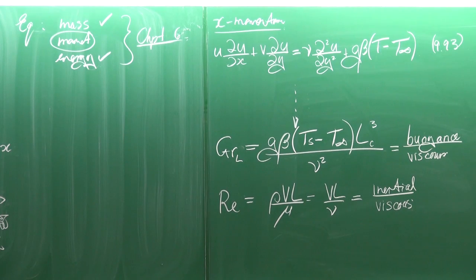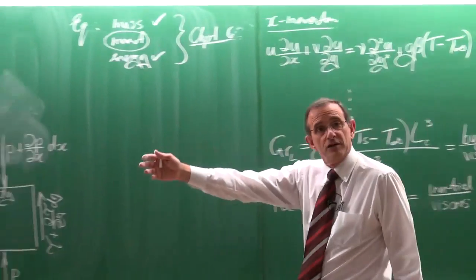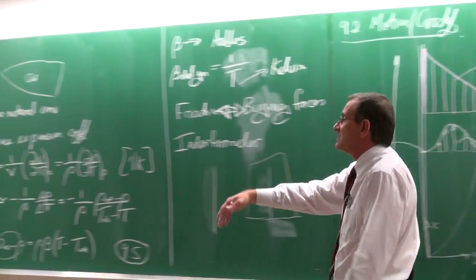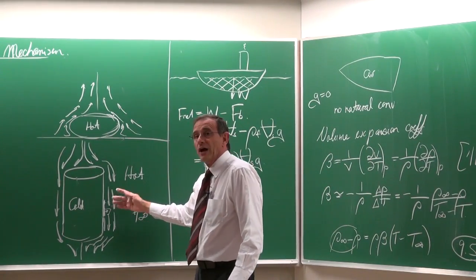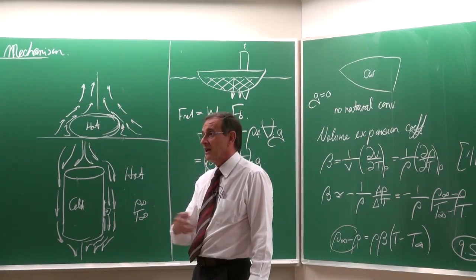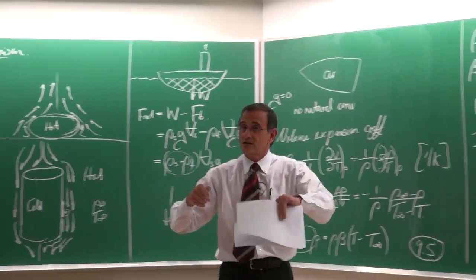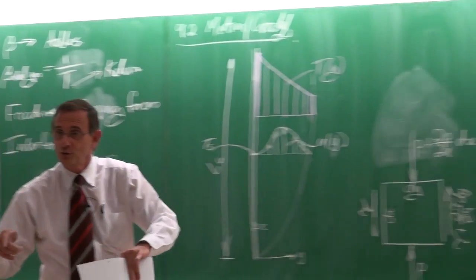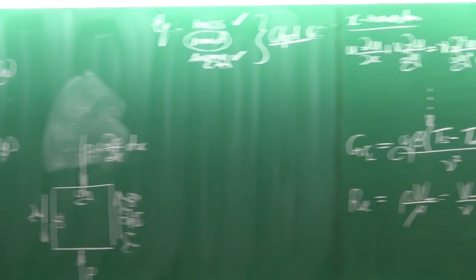For a circular tube, it is about 2,300. Now, if we've got natural convection, if you think of this beer can, there are no velocities that you can actually measure. So now we use the Grashof number, and the Grashof number is going to be the one that tells us if the flow is laminar or turbulent. So it just replaces the Reynolds number.